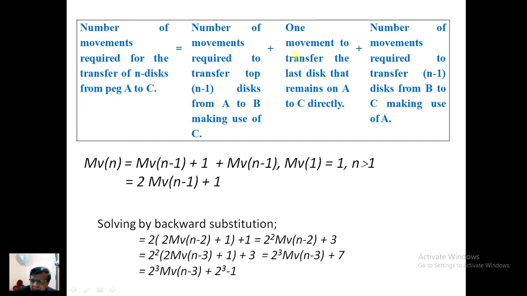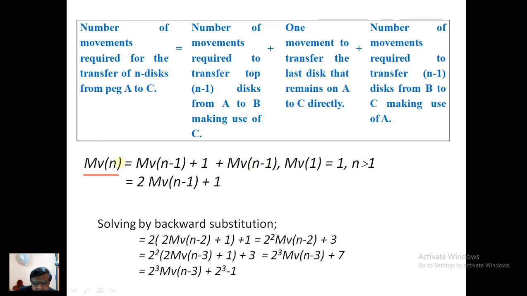Even if it is n, only 1 disk will remain, and that disk can be directly moved to C. The problem remains unsolved because B contains n-1 disks still stacked, and they can be moved once again by making use of the empty tower A to C, recursively.